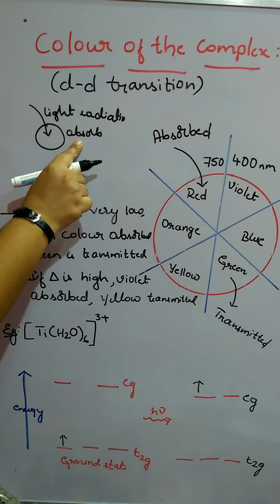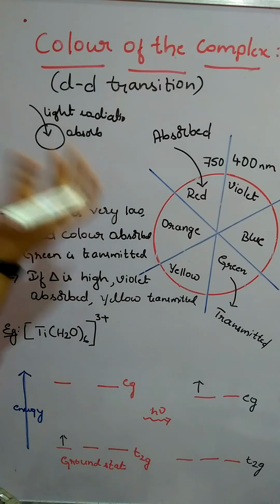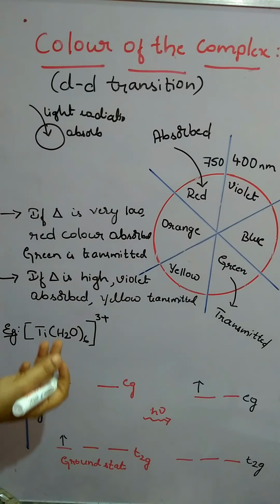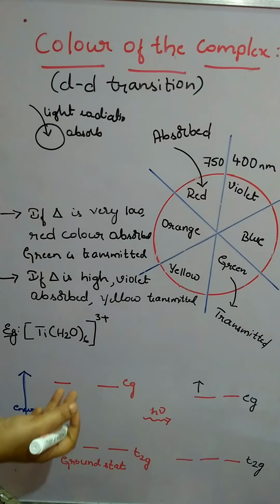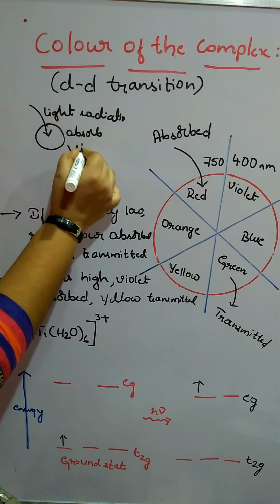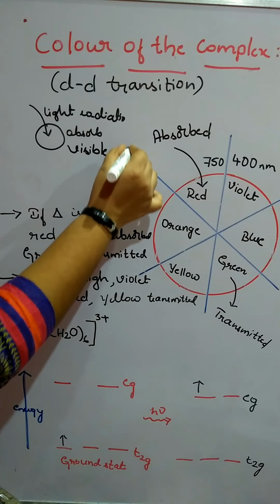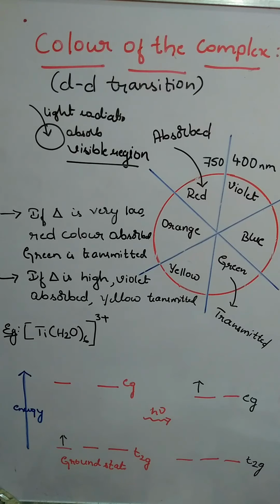After absorbing that energy, it is going to excite the electron. In the excited state it is not stable, so it should return back. While returning, it will give out the absorbed energy. That energy will fall in the visible region. By that, the substance will appear as a colored thing.